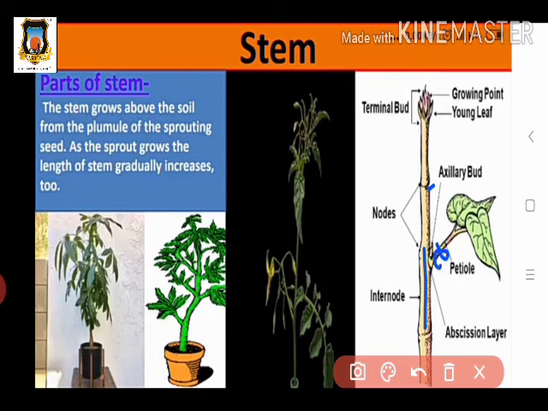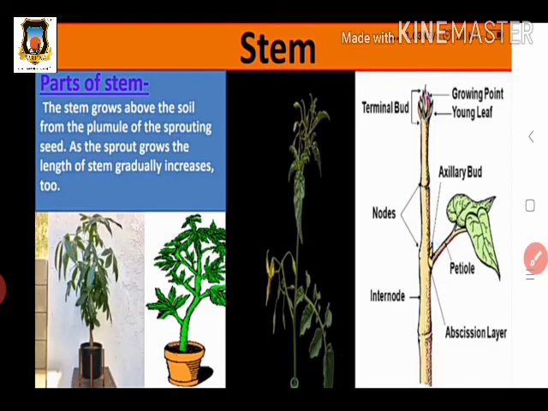And we also see which part is called the bud. The apical end or the tip of the stem is called terminal bud. It is the growing point. Means at that point the stem grows, and the plant grows upward in the direction of the sun.